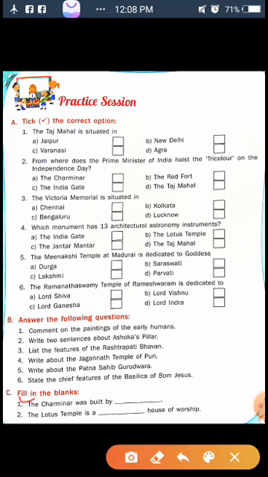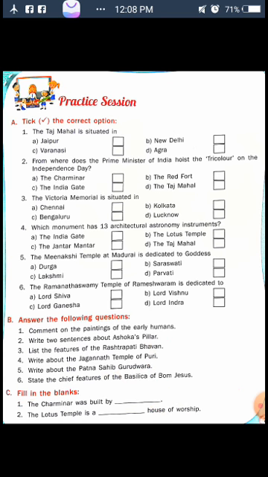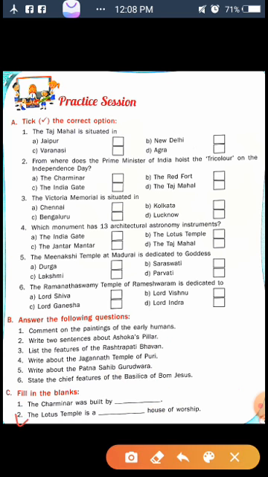Number 1, the Charminar was built by Qutub Shah. Q-U-T-B, Qutub Shah. Number 2, the Lotus Temple is a dash house of worship.